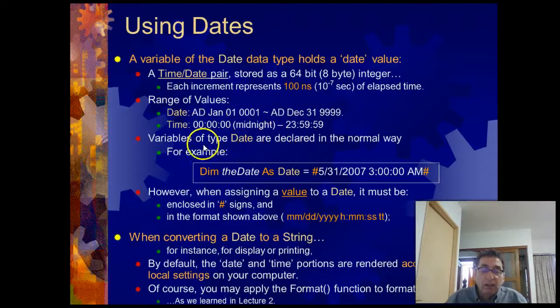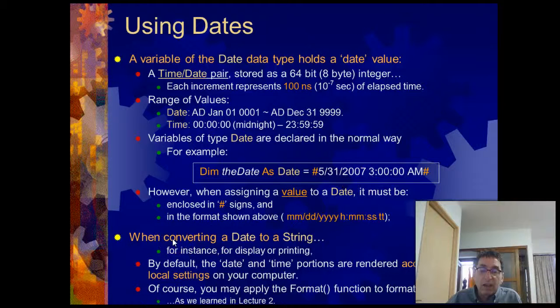Variables of type date are declared in the normal way, just like this. However, when assigning a value to a date, it must be enclosed in the check marks, or the pound signs, and it has to be in this format: month, day, year, hour, minute, second, and AM or PM. That's the TT, AM or PM.